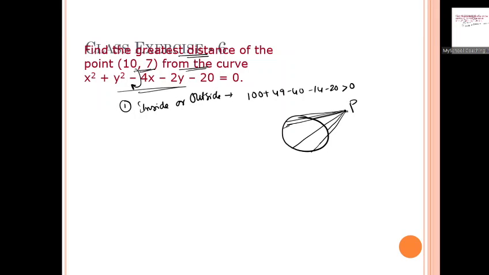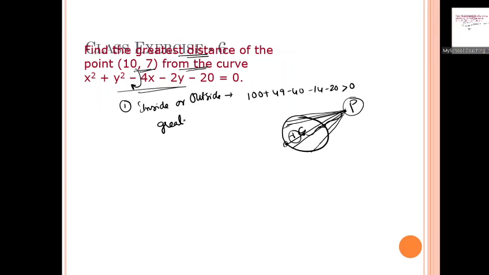CP plus R. Haan, the diametrically opposite point, right? The diametrically opposite point is the farthest point of the circle from this point, yes or no? So greatest distance kaise find kar sakte hain? Center se distance find karke plus r karne se ho jayega. Clear hai?